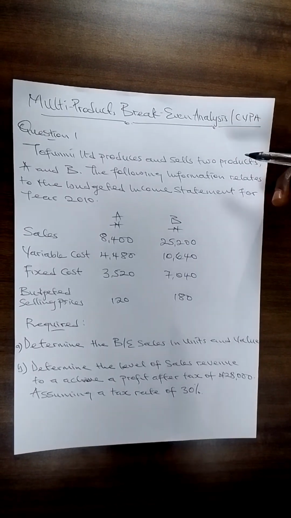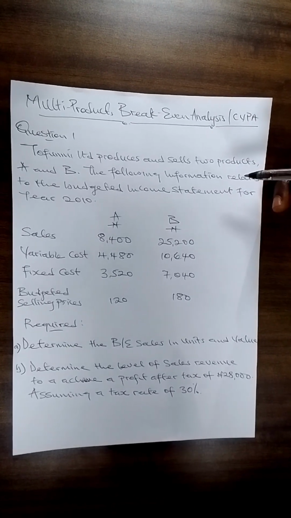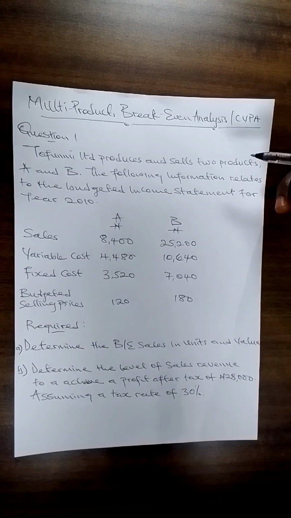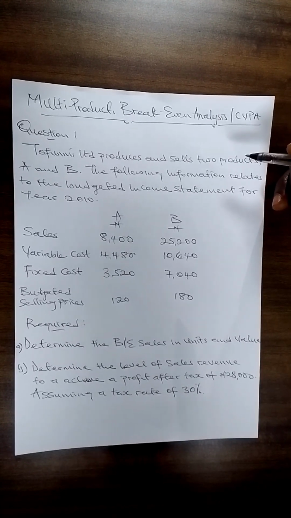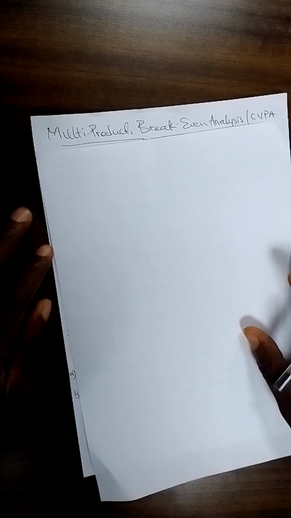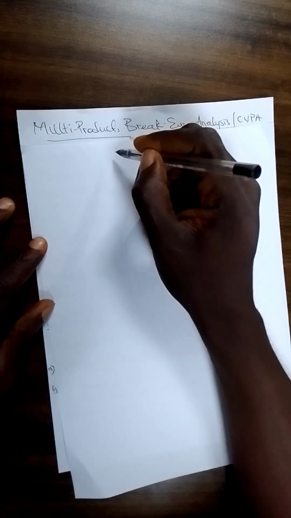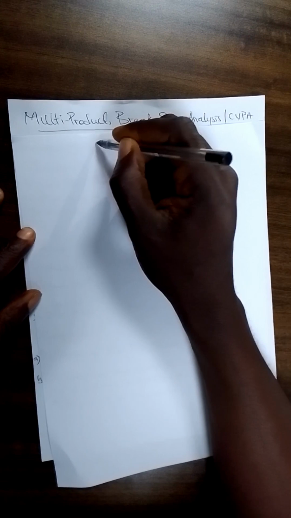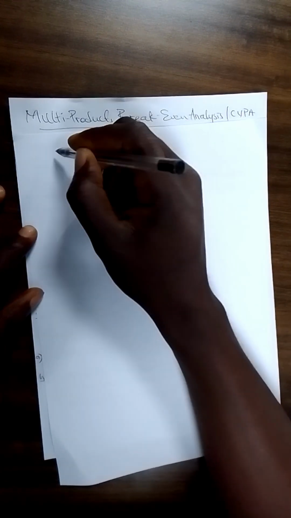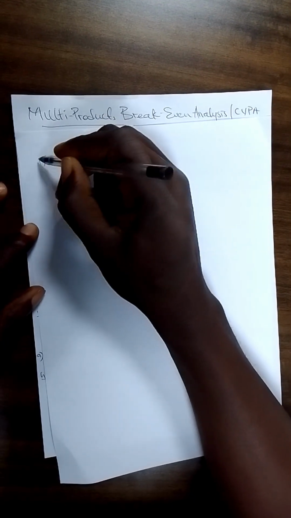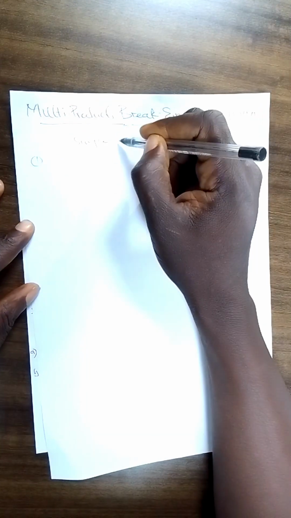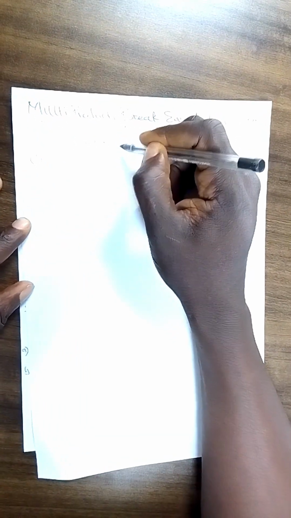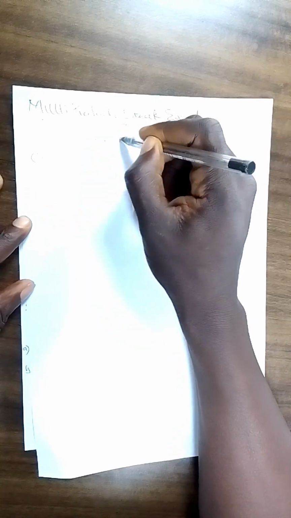So we said in the previous class that we can compute break-even analysis for a single product. Break-even analysis under a single product includes where a company is producing one product, a single product.